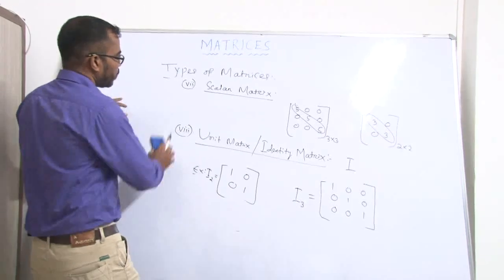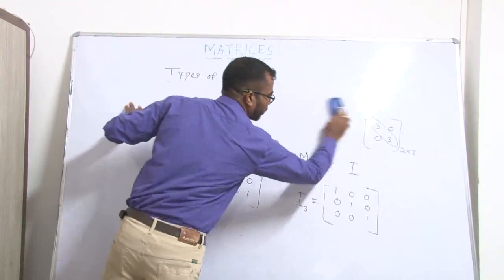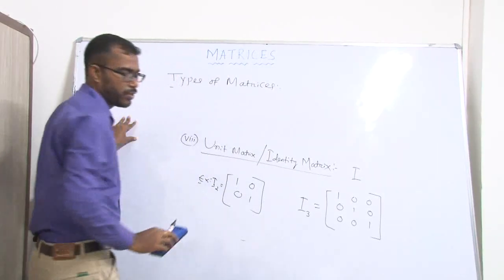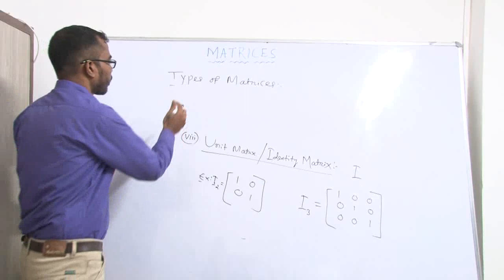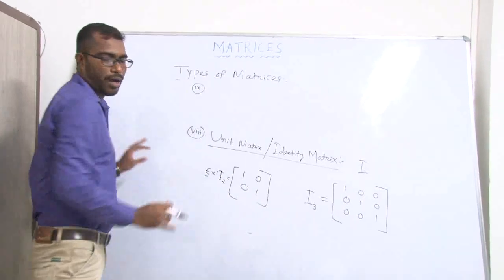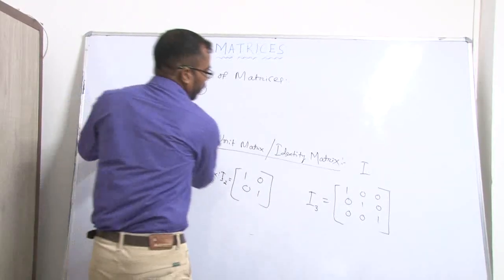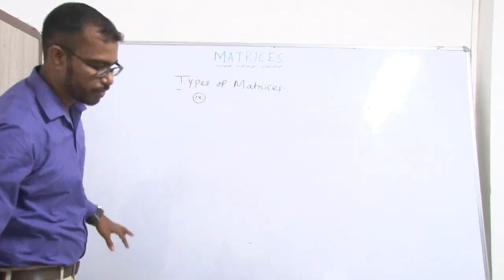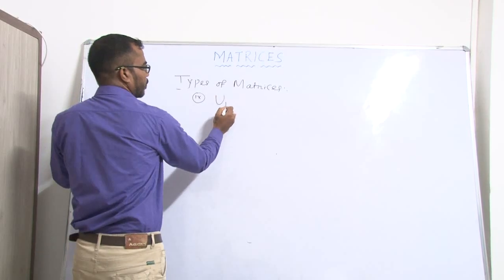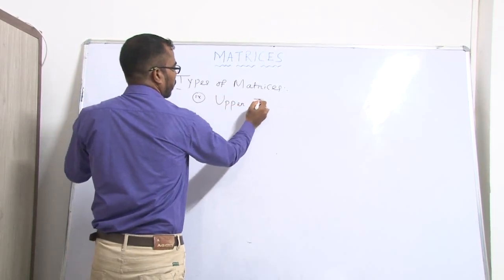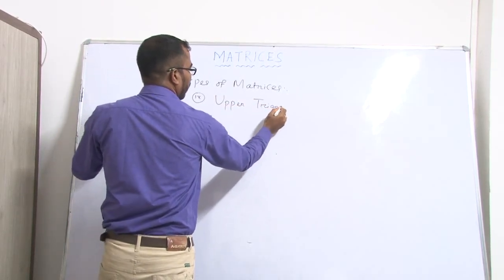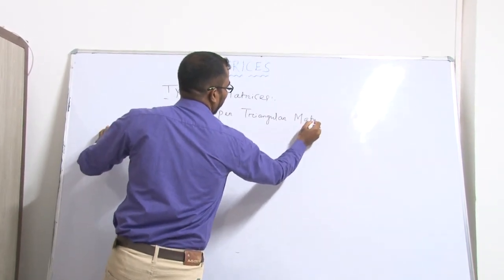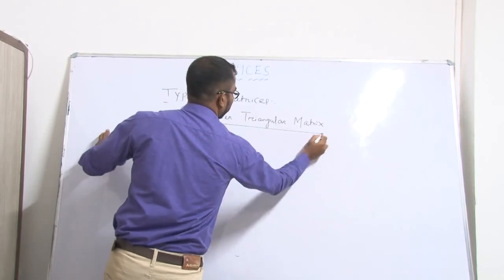Next, we proceed to ninth point, and that is upper triangular matrix.